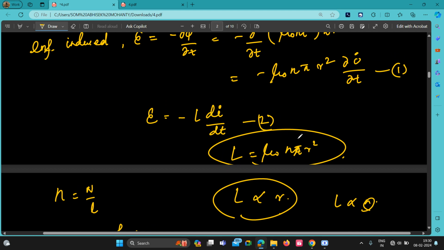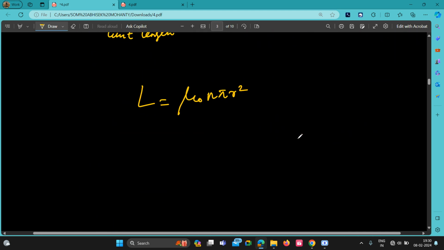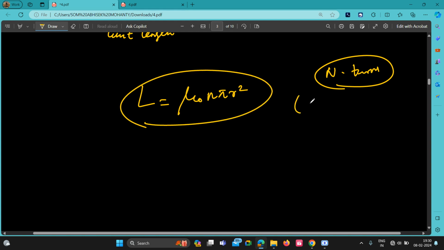Okay. So wait. This is for one turn only. Suppose there will be N turns. So for one turn it is this one. Suppose N turns. N means what again? N by l is equal to small n. N is equal to n l. So just put it here.